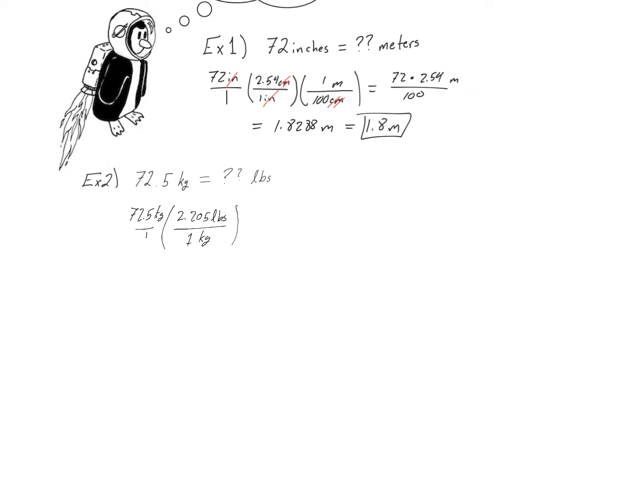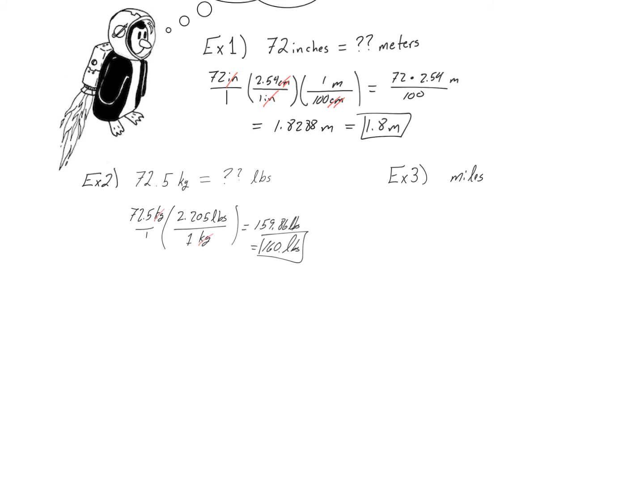Notice how our units cancel out, leaving us with the unit we want. Now you can plug this into your calculator and get 159.86 pounds, which when we round to 3 sig figs, which our given number was, gives us 160 pounds.